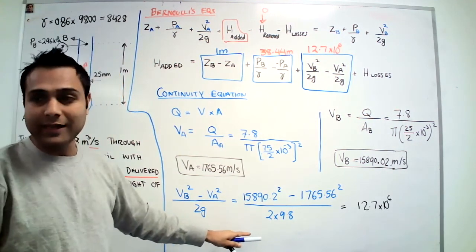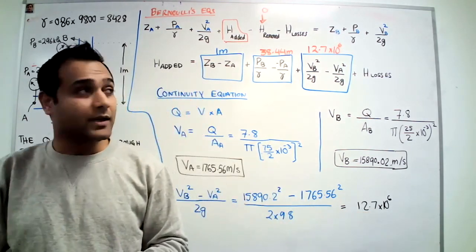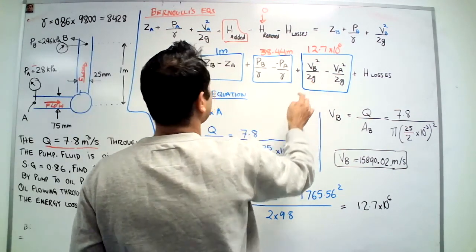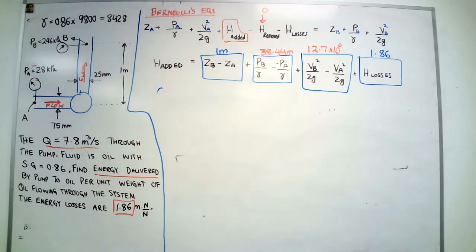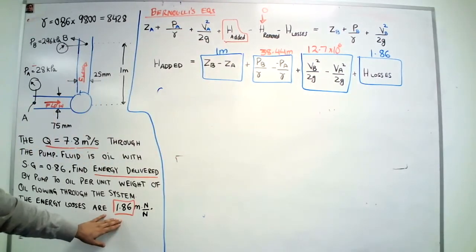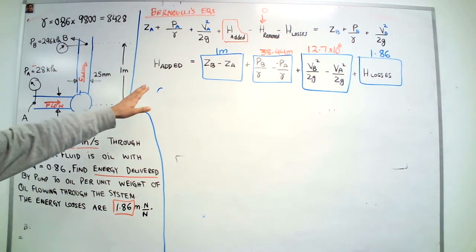Now, when you do that one, the answer you get is 12.7 times 10 to the 6. Now, we just put that answer straight here. Okay, now the head losses is given in the question, 1.86 meter Newton per Newton. So we are just going to put these ones.